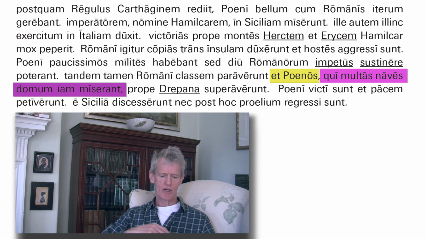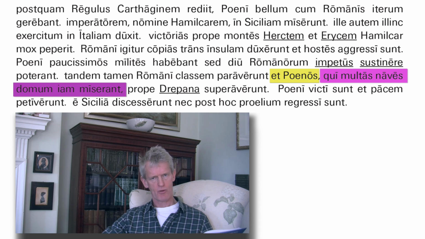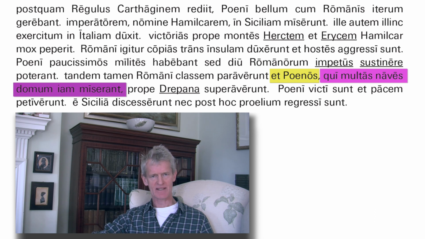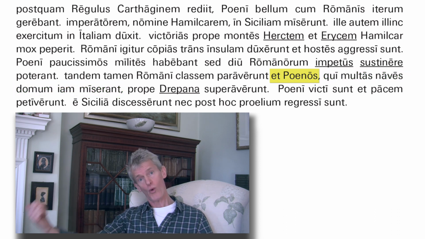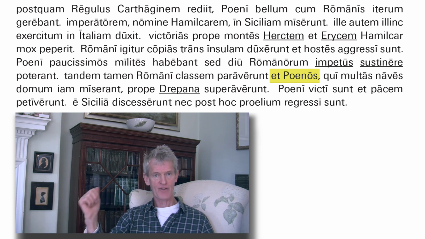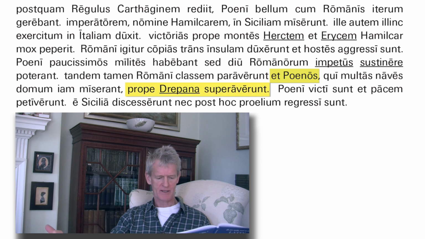So, qui multas naves and so on is referring back to poinos, the antecedent, but we haven't translated poinos yet, so we're not going to translate the relative clause. So you've got to jump all the way down over the top of that relative clause and find the main verb. And what we have is superaverunt prope drepana.